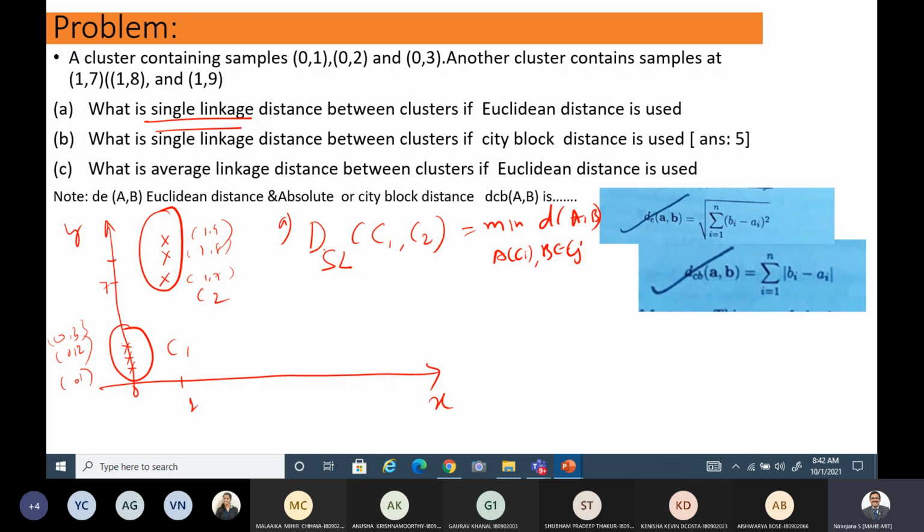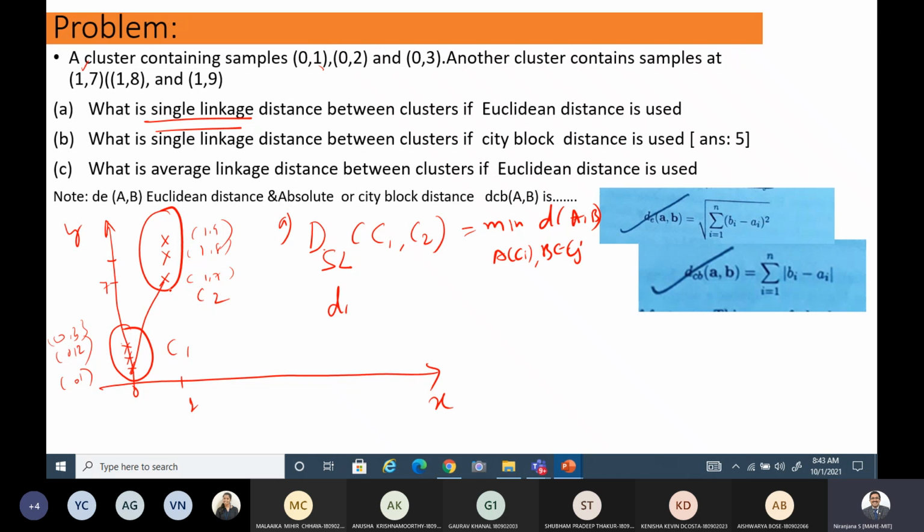Suppose (0, 1) to (1, 7) is the first distance. This is (0, 1) to (1, 7), maybe D1, right? Like (0, 2) to (1, 7). See, each point, (0, 1), to all three others, there will be three distances. From (0, 3) once again to the other cluster, there are 3 more.